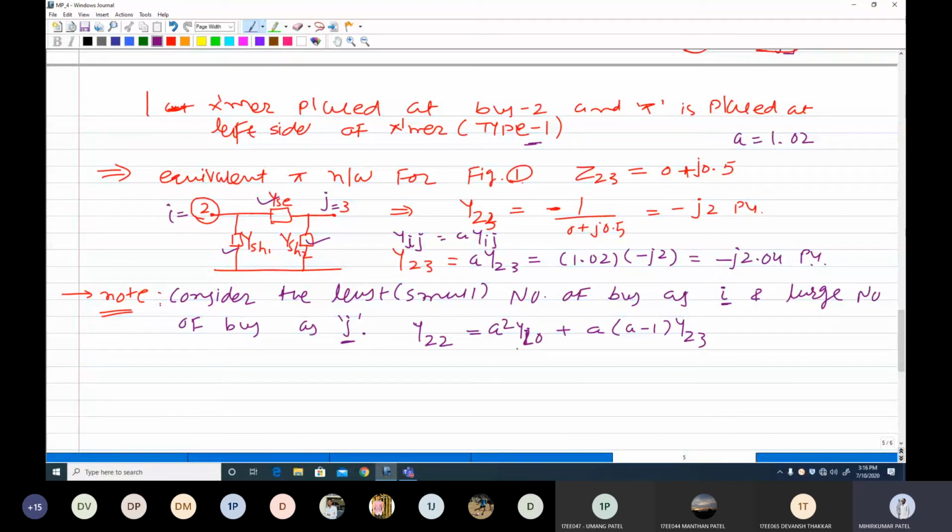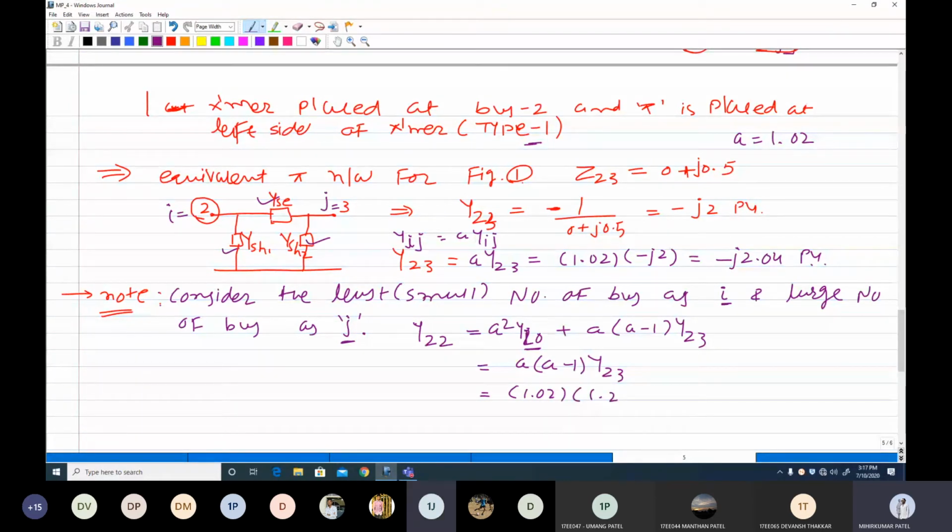The shunt admittance is neglected, so its value will be 0. So we have A into bracket (A minus 1) into Y23. So just calculate, substituting the value of A, which is 1.02.